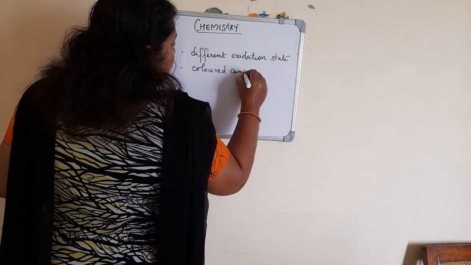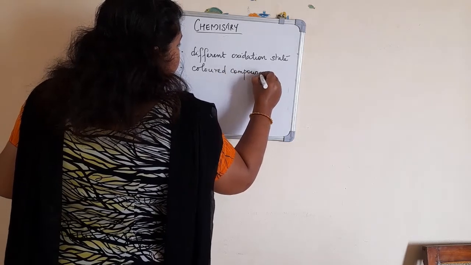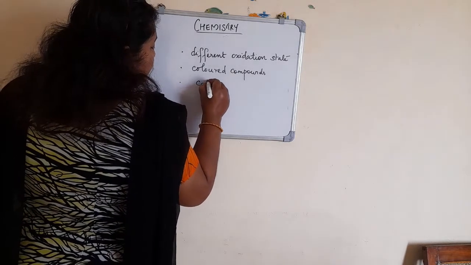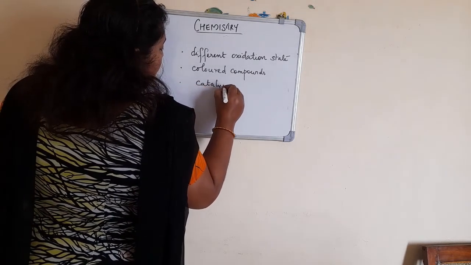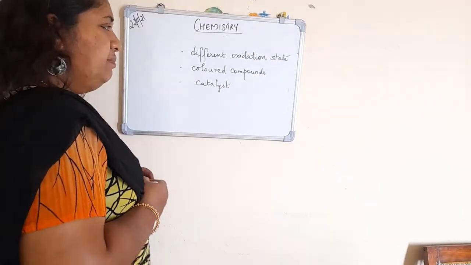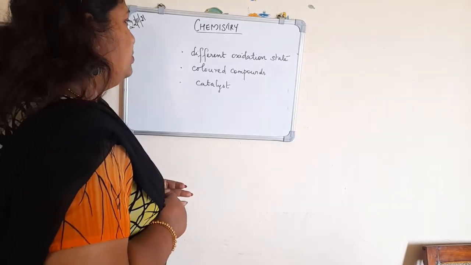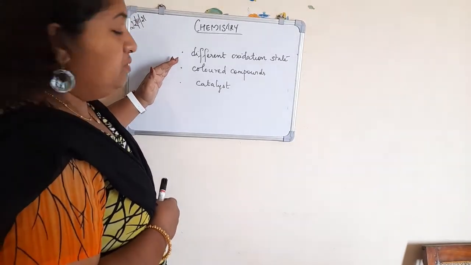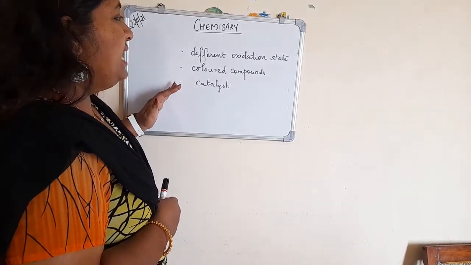They show colored compounds. Then they can act as catalyst. You have studied about catalyst. A lot more properties are there, but you can study only one or two: they show different oxidation states, they show colored compounds and they act as catalyst.